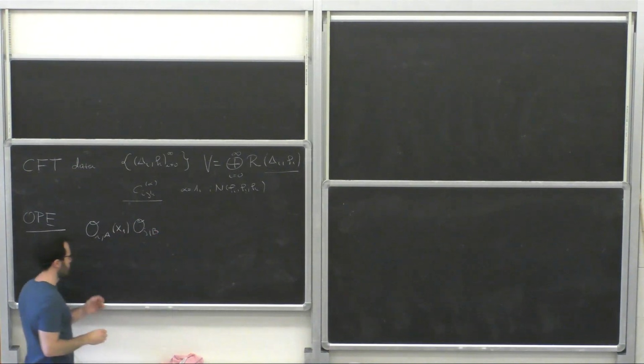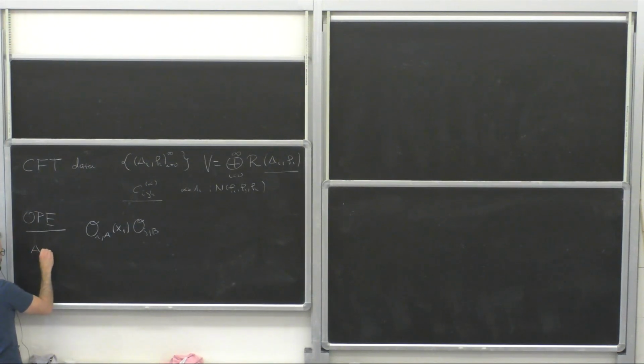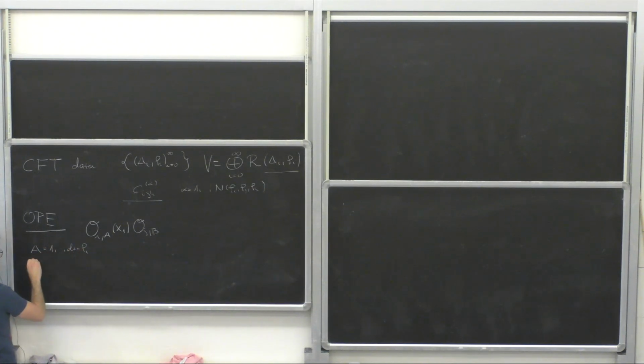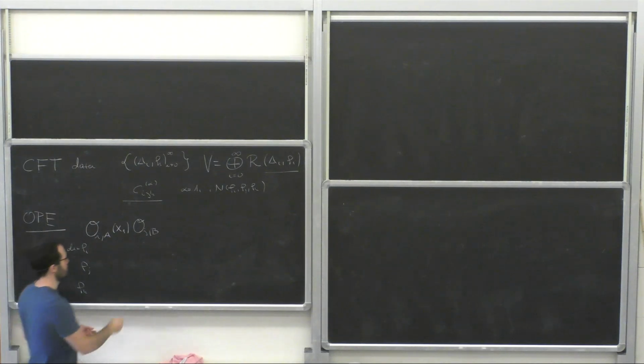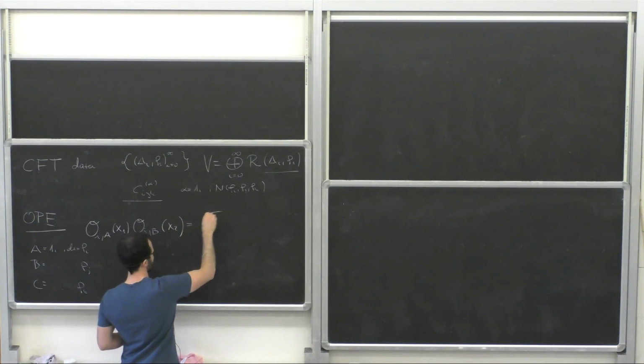So now I'm writing the most general thing, meaning that A runs from 1 to the dimension of this representation, and similar for B. And there's also going to be C. So we have seen that in principle, this can be written as an infinite sum.